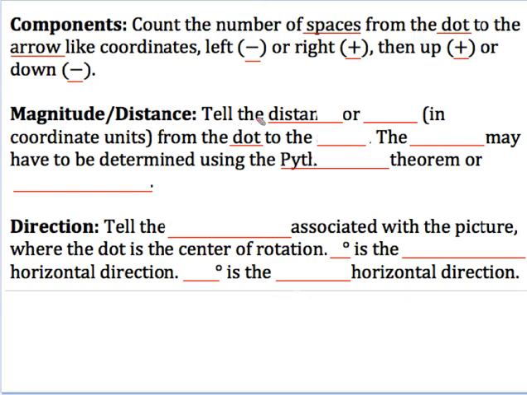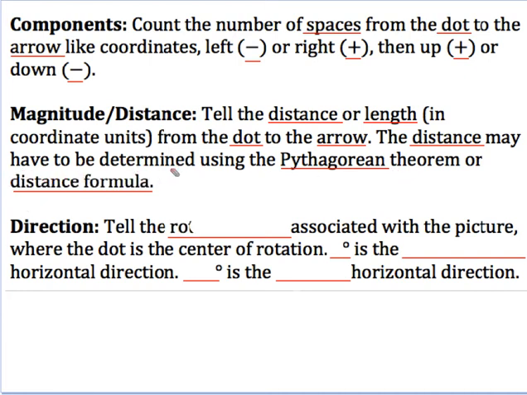Okay, and that tells the magnitude, or the distance tells the distance or the length in coordinate units from the dot to the arrow. The distance may have to be determined using the Pythagorean theorem or the distance formula. Okay, so I know we're all very familiar with the Pythagorean formula. We'll do a refresher on the distance formula in just a minute.